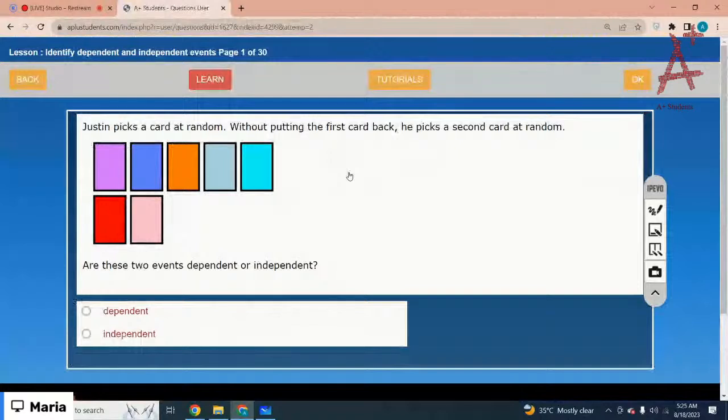He picked a card without putting the card back. Now, out of 7, he has now 6 cards, right? That means they are dependent events because for the first time you have 7 options, for the second time you have fewer options, so they are dependent events. The correct option is dependent.